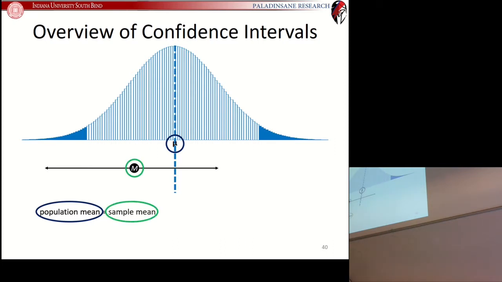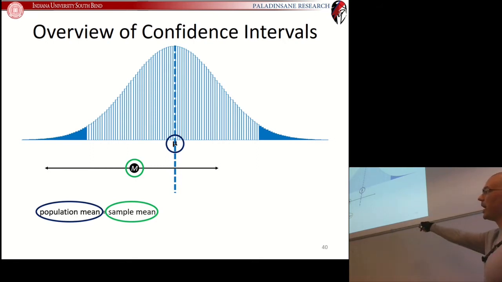That's your best guess. If somebody doesn't want a range, says I don't want an interval, just give me one number, that's going to be your best guess. That's your point estimate, and it's the center of your confidence interval. The sample mean is what the entire confidence interval is built around.